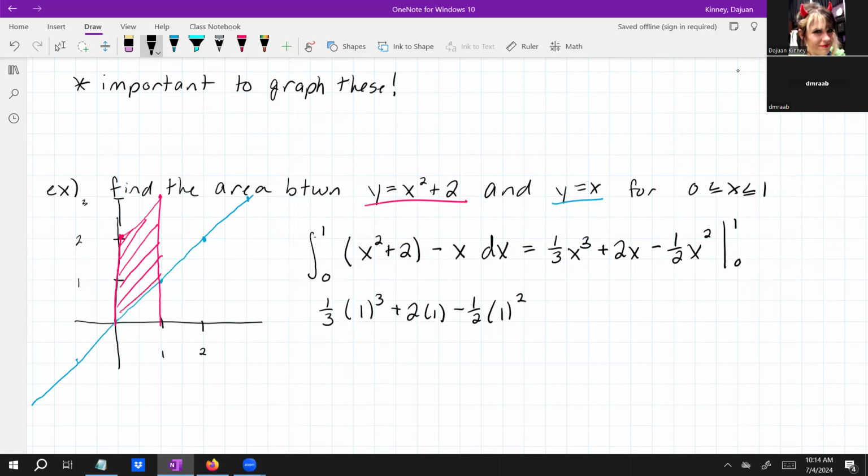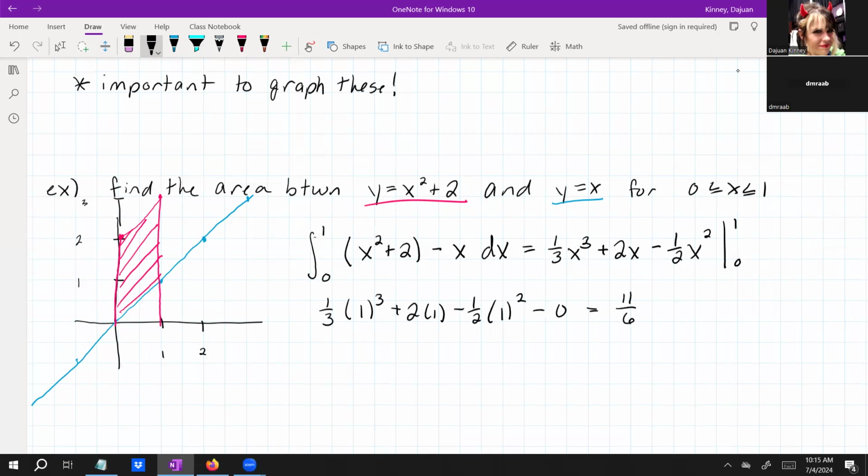All right, plug in 0, I get minus 0. My calculator is going to do the work for me. Okay. The area should always be positive. If your area is negative, that means you switched which function was on top.